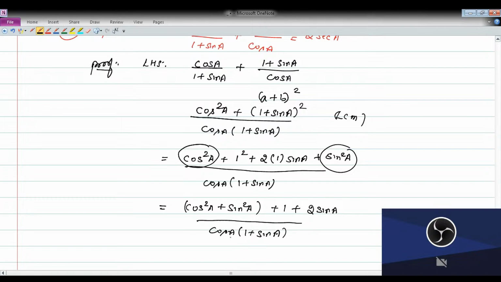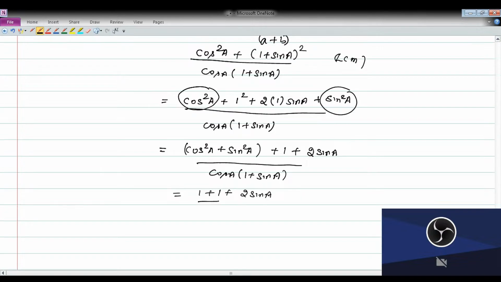Now cos square plus sin square is 1, plus 1 plus 2 sin a, divided by cos a into 1 plus sin a. So 1 plus 1 will become 2, and if you take 2 as a common factor in the numerator, this becomes 2 plus 2 sin a divided by cos a into 1 plus sin a.